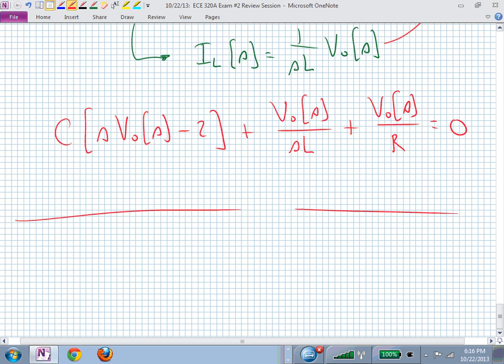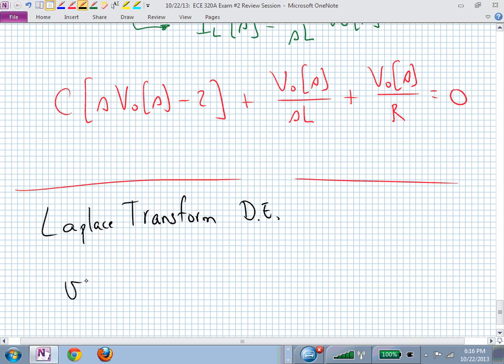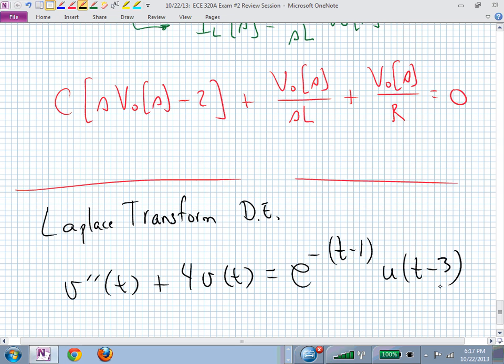What if I gave you the following? I said, okay, here's another differential equation that I want you to Laplace transform. Suppose I now say that you have v double prime of t plus 4v of t is equal to e to the minus t minus 1 times u of t minus 3.